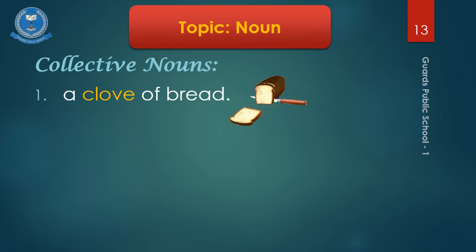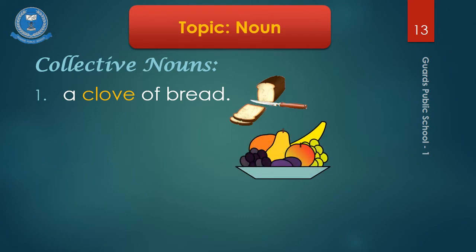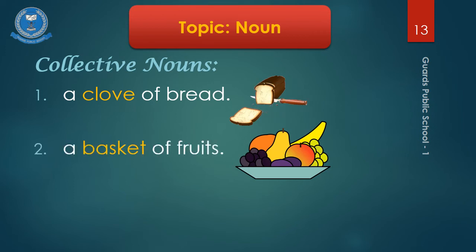And the loaf is a collective noun. Next we are seeing lots of fruits. What name can be given when we see fruits in a group? Yes, it's a basket of fruit, and basket is a collective noun.